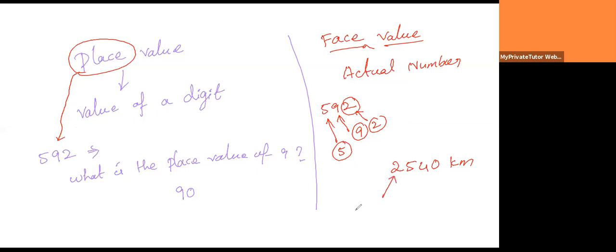That's why the place value of that is 2,000, not 1,000. It is in the thousands place, but the place value is 2,000. And this is 500, and the place value of 4 would be 40. And we all know that we have just 0 at the last, so the ones place is just 0.